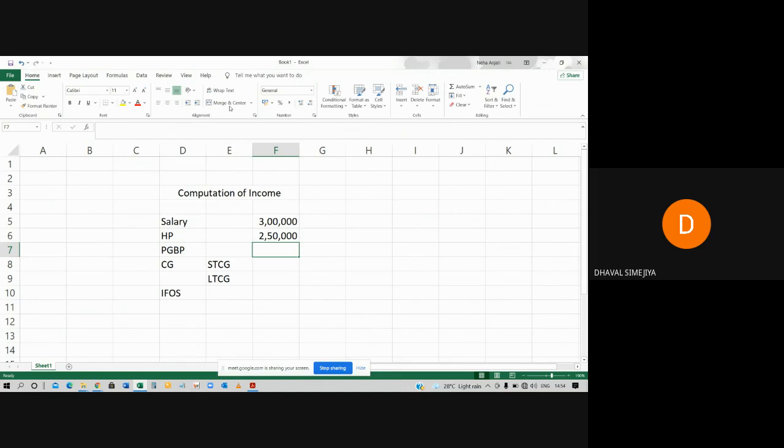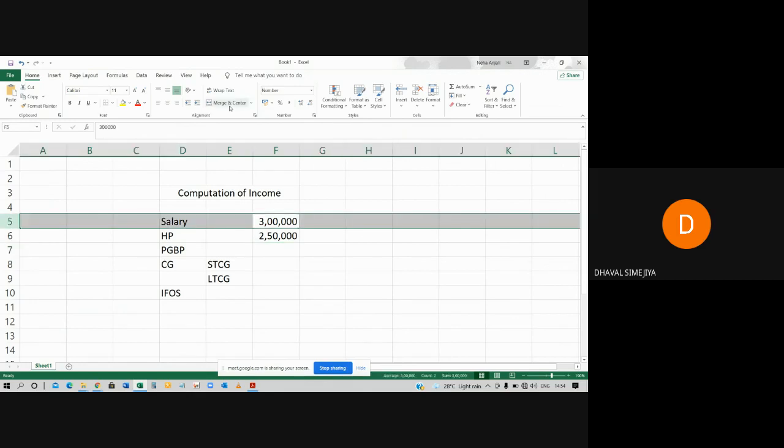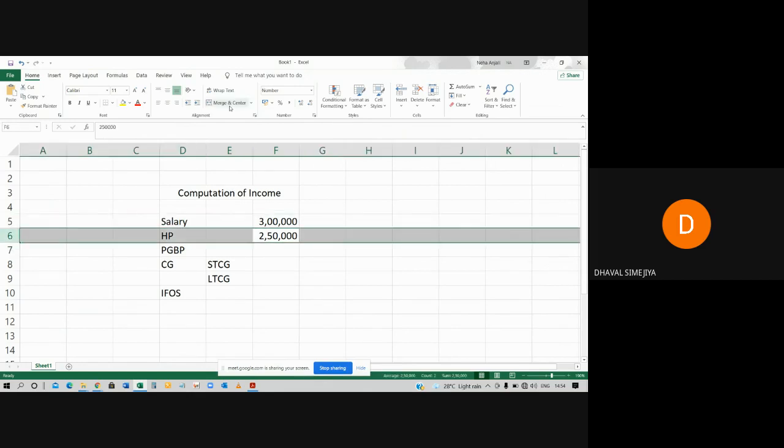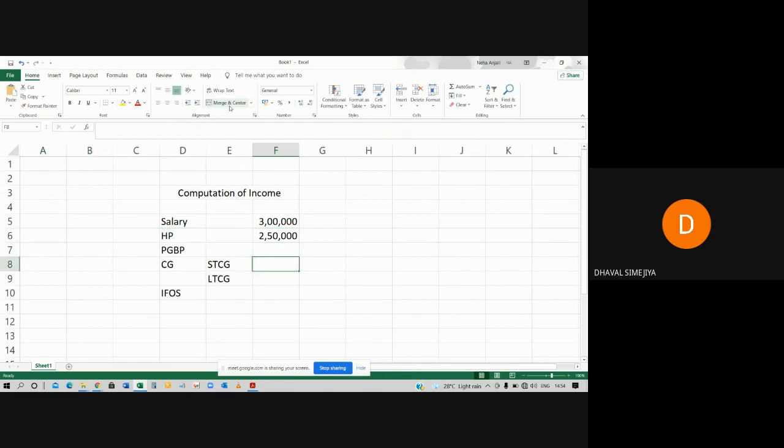So don't say, sir, 50,000 deduction available here, 30% deduction available here. For example, all the things are computed now. 5 lakh income from house property, capital gain, let's say 1 lakh rupee and 50,000 rupee, and income from other sources, let's say 10,000 rupees.